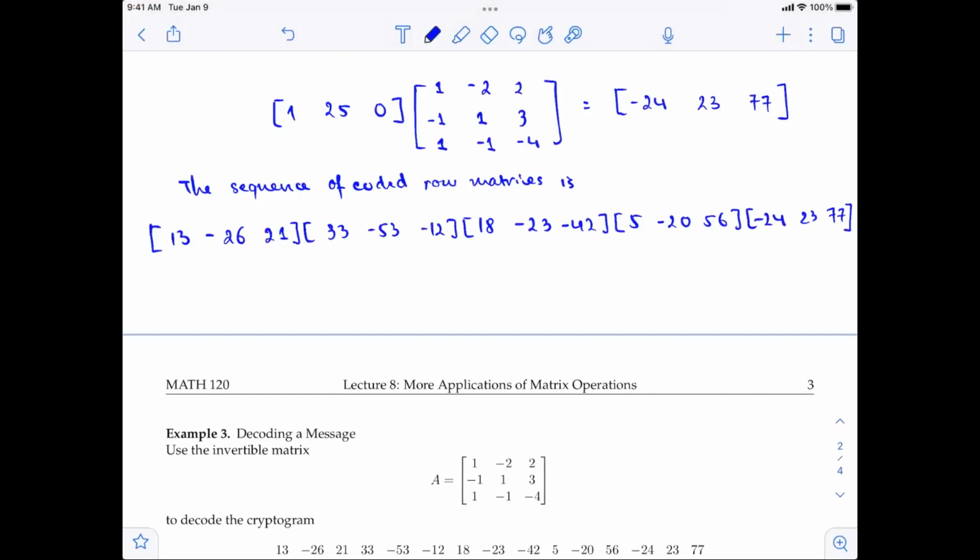And to make the message more secretive, what you do is you remove the matrix notation, which produces the cryptogram.